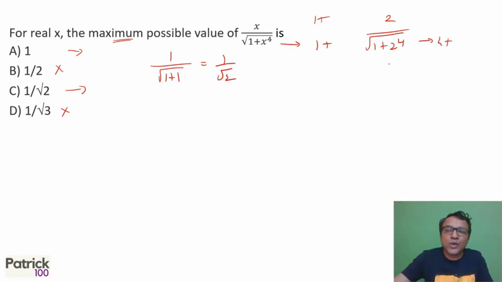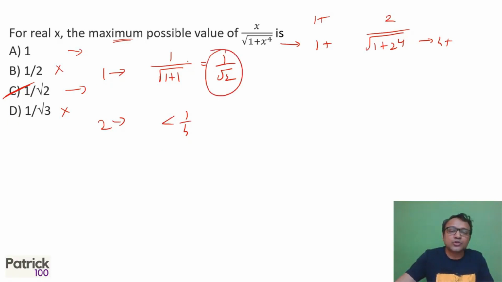So you can make out there is no way that they both are equal. So you can safely mark option C and go ahead. It's just substitution of values. You put 1, you get 1 upon root 2. The moment you put 2, you will realize it is less than 1 upon 4, and so on. So you see no value which will give you more than 1 upon root 2. So 1 upon root 2 is the maximum. Just substitute values and get the answer.